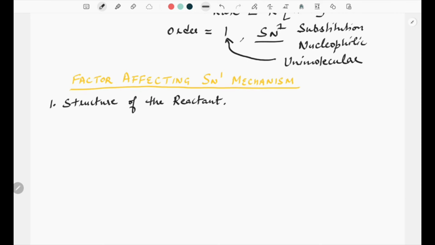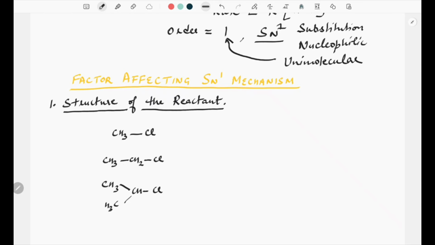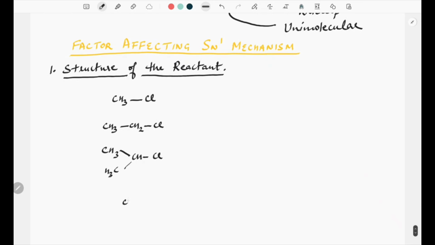Now let's discuss how the structure of the reactant affects the rate of SN1 mechanism. To explain, once again we will go back to all these examples which we have discussed in the case of SN2. Isopropyl chloride, and in the last case we have tertiary butyl chloride.